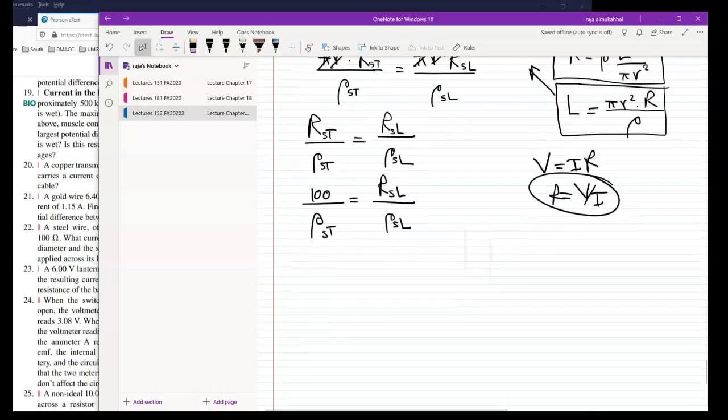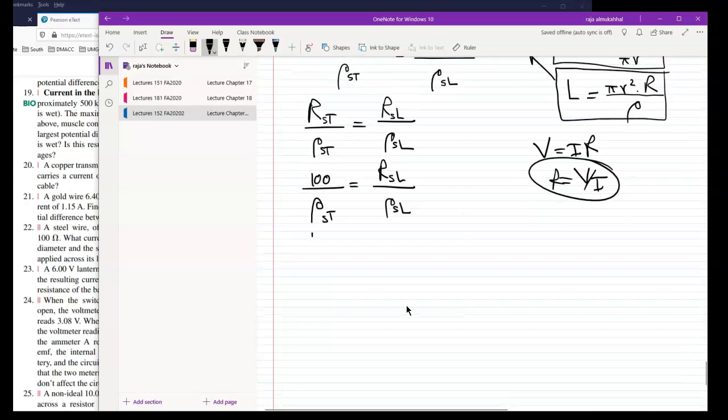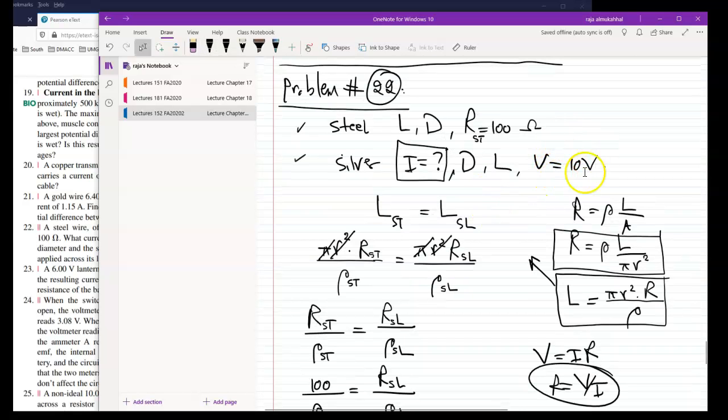See what I'm saying? See how I did this problem? So I have here 100 over rho ST equals V over I rho SL. Of course, this V is 10. It gives it to me right there.